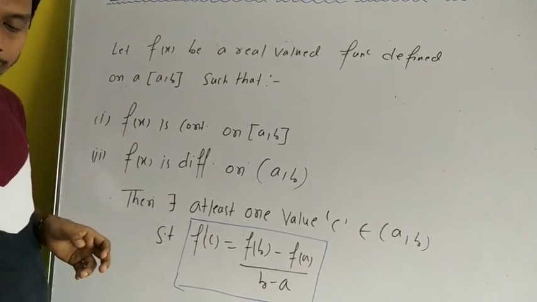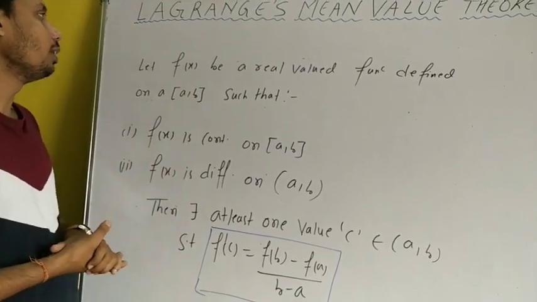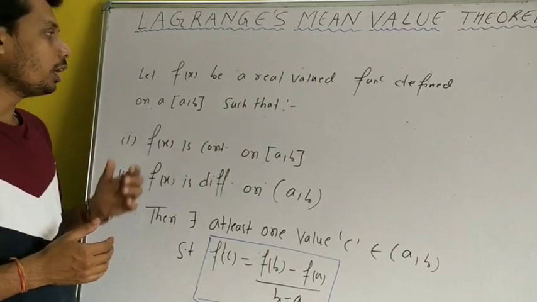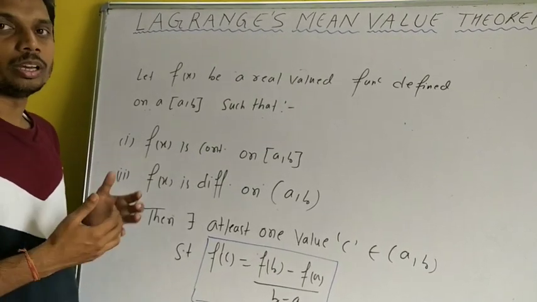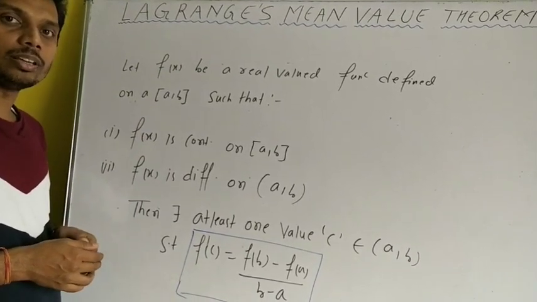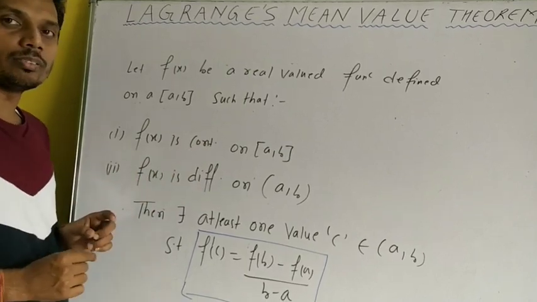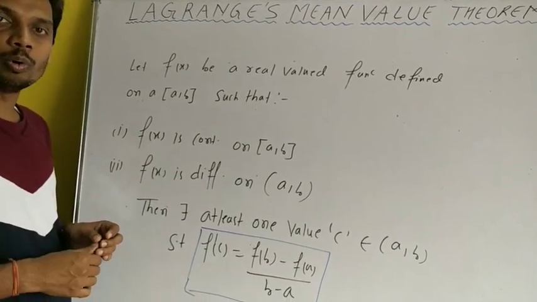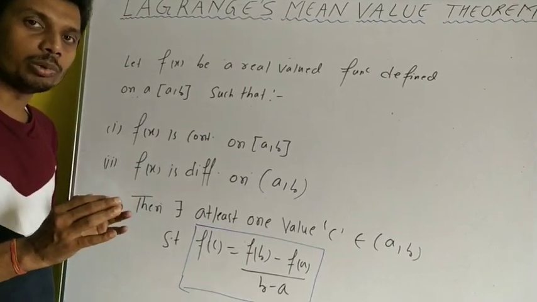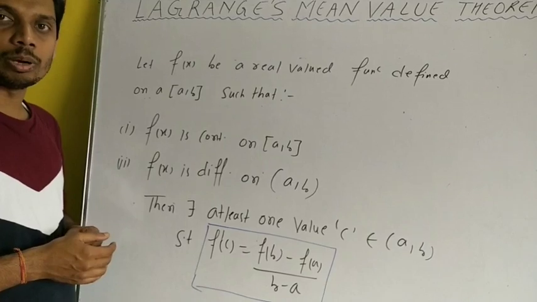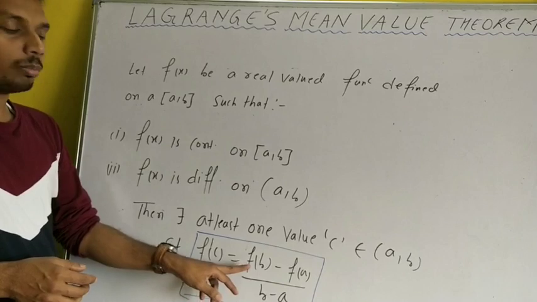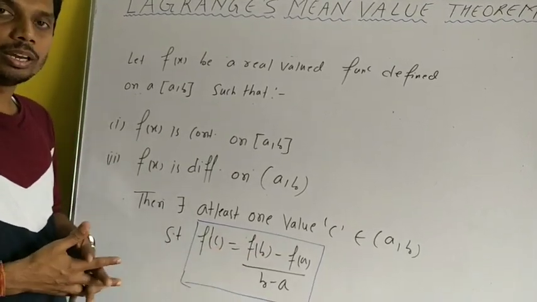So again I am repeating this theorem. According to Lagrange's mean value theorem, if a function fx is defined in a closed interval a comma b such that fx is continuous in the closed interval a, b, and differentiable in the open interval a, b, then there exists at least one value c which belongs to the open interval a comma b such that the value of f dash c is equal to f of b minus f of a upon b minus a.